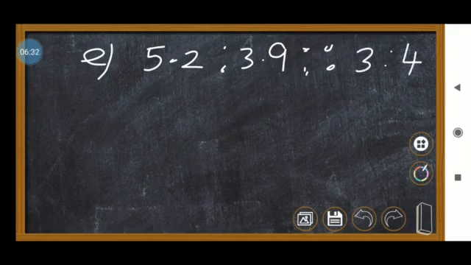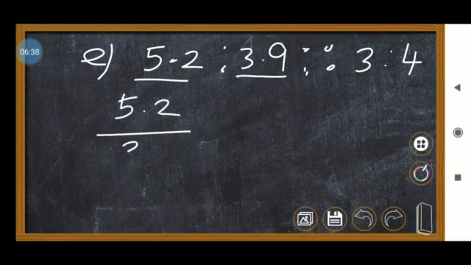First we have to check 5.2 divided by 3.9. Sir, how can we divide 5.2 by 3.9? First we have to see after how many digits the decimal point is present.